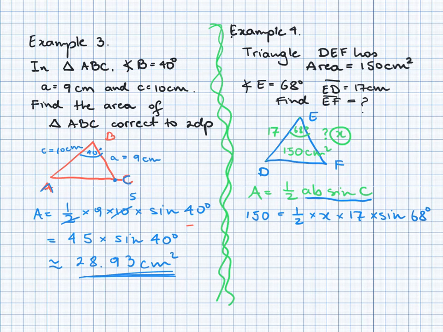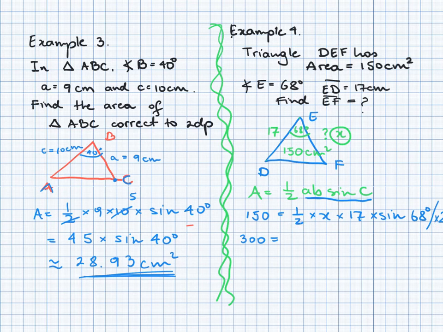Now the first thing I would do is get rid of the fraction by multiplying everything by 2. So 150 multiplied by 2 turns into 300, and if I multiply this part by 2, the 2 here and this one cancel out.